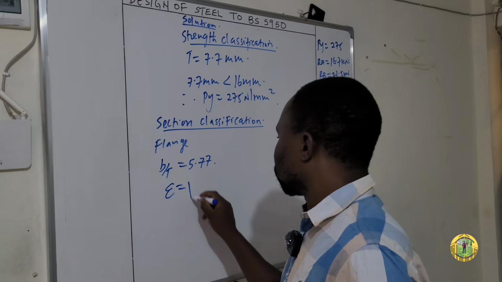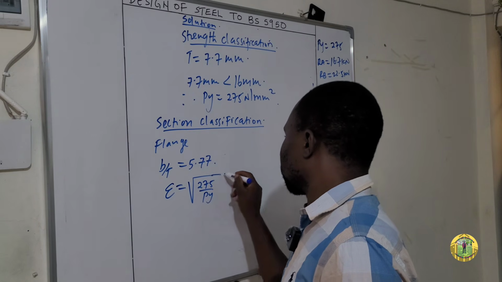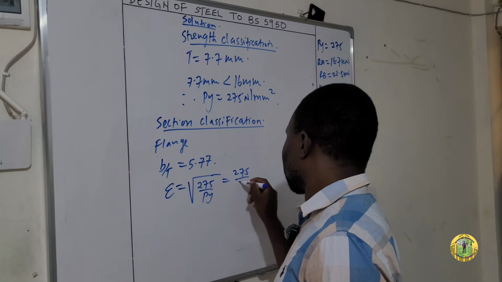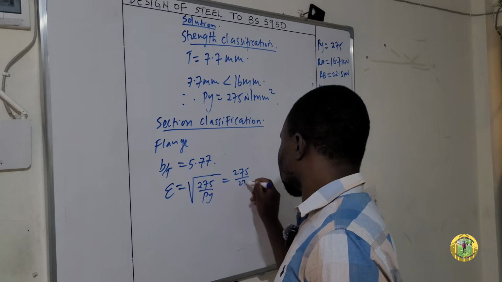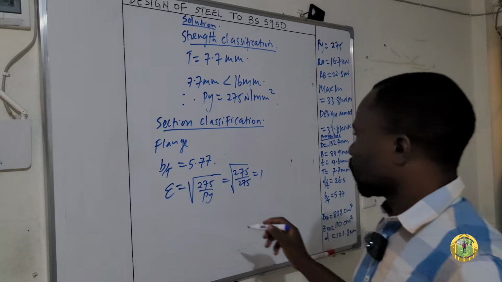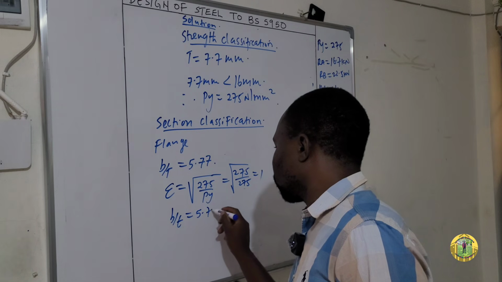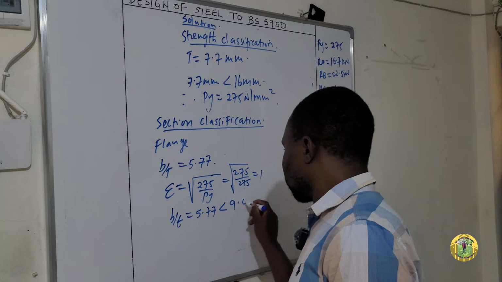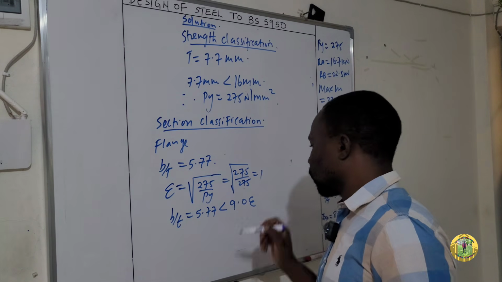So epsilon is equal to the square root of 275 over py. So this is 275 over 275, then you get the square root, which is equal to 1. So for b over T, which is equal to 5.77, must be less than 9.0 epsilon. So automatically epsilon is 1.